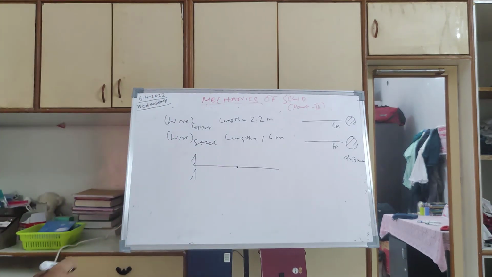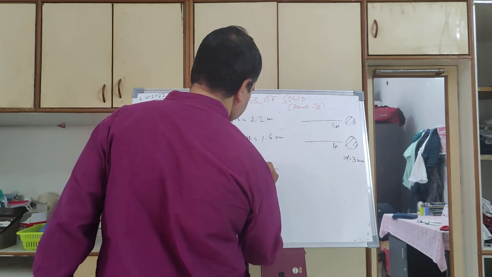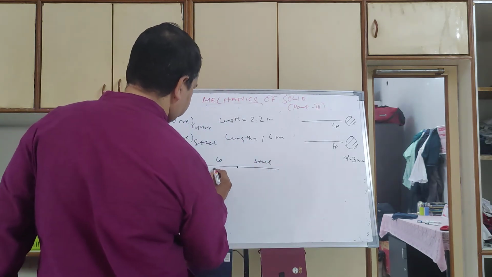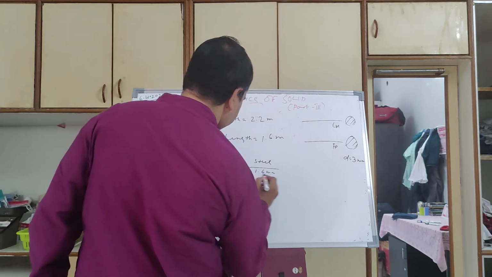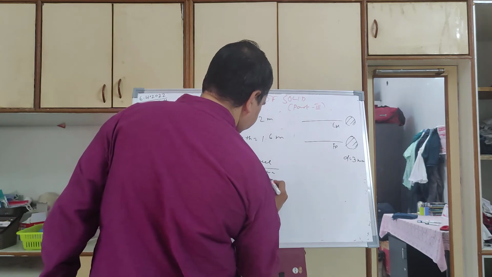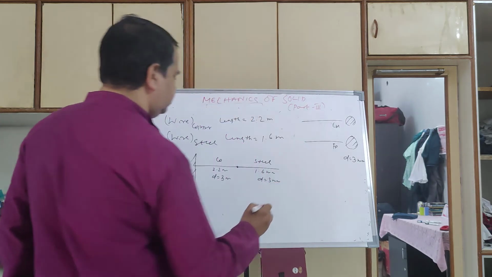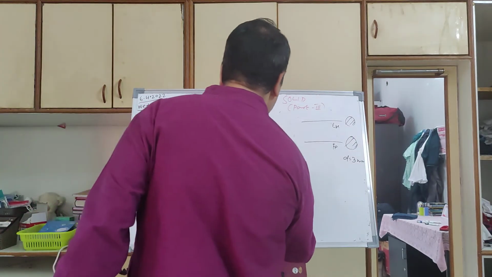Let us say this is copper, this is steel. This is 2.2 meter, this is 1.6 meter, and the diameter is 3 mm for both. So they are connected end to end, and then you are applying some force.